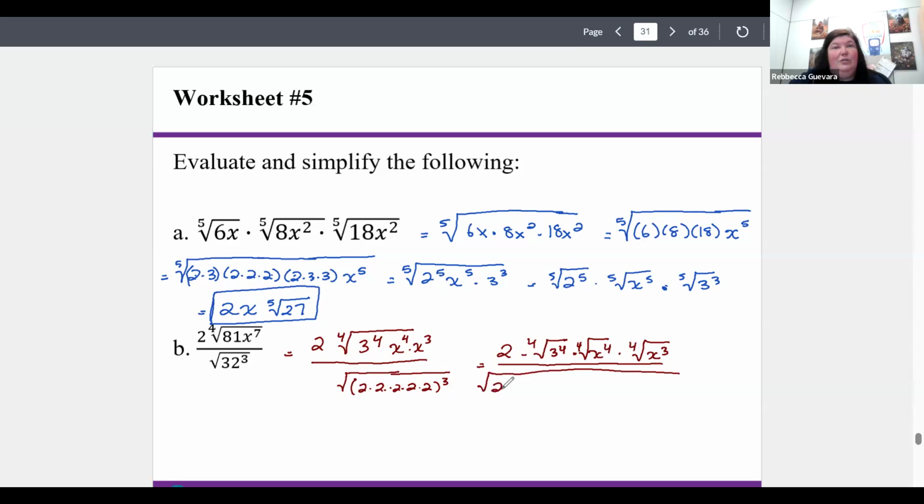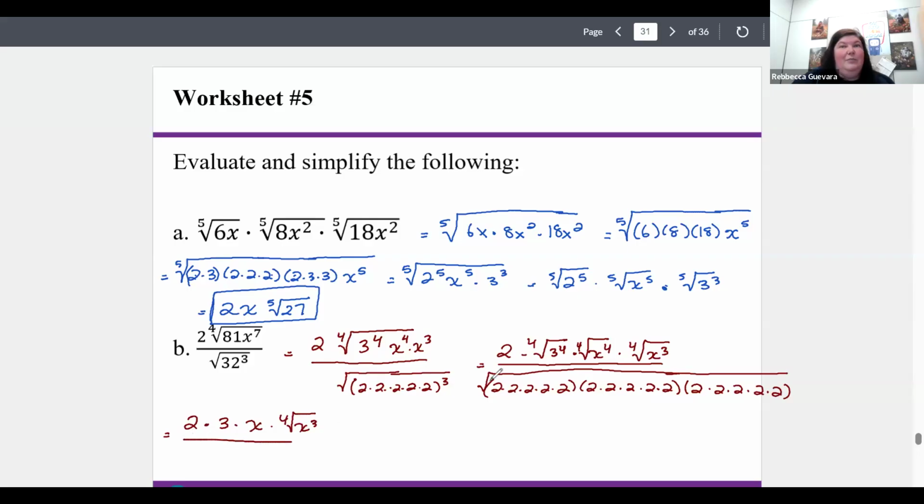So we have 2 times 2 times 2 times 2 times 2, and then another group of 2's, and then another group. So we have 2 times 3 times x times the 4th root of x to the 3rd. And then on the bottom we have the square root of 2 to the 15.